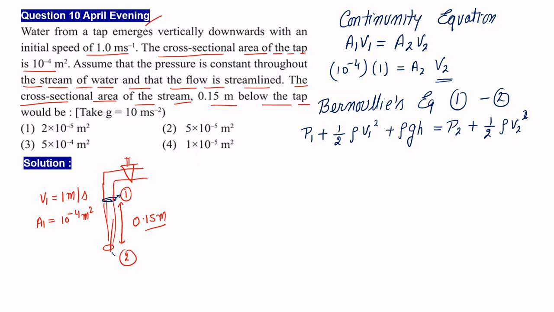P1 and P2 are going to cancel out because both are atmospheric. The density also cancels out. So V2 is equal to square root of V1 square plus 2gh.